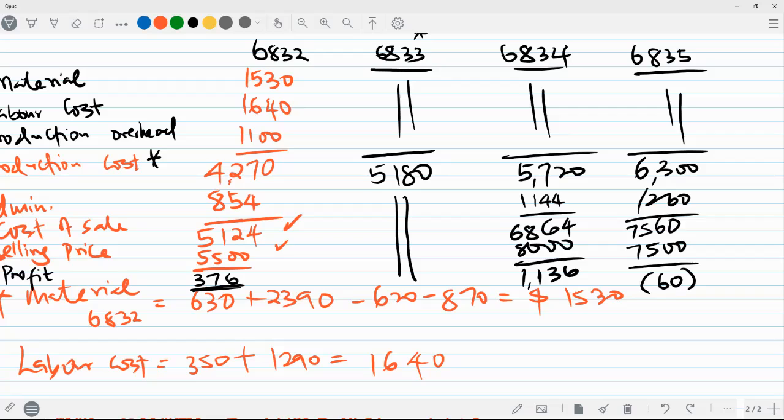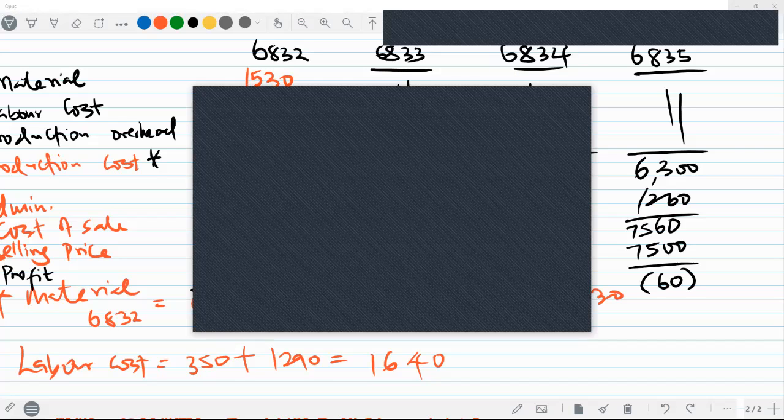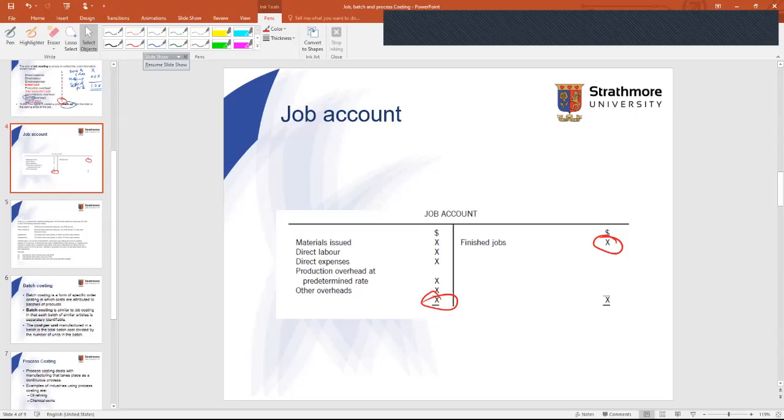So there's another question. Yes, back on the slides, where there's the format for the job account, the T account for job account. Yes, I'm seeing down there's a place for other overheads.